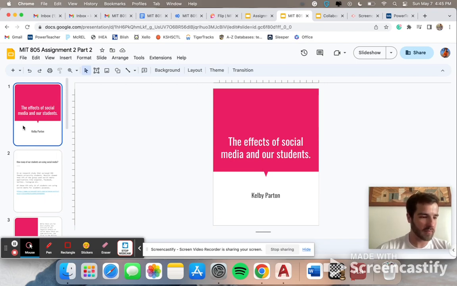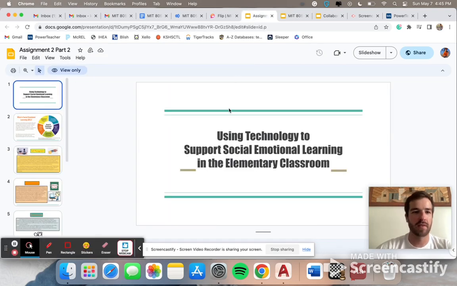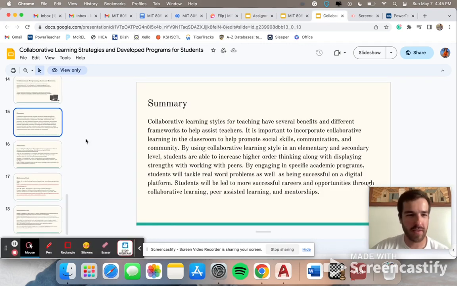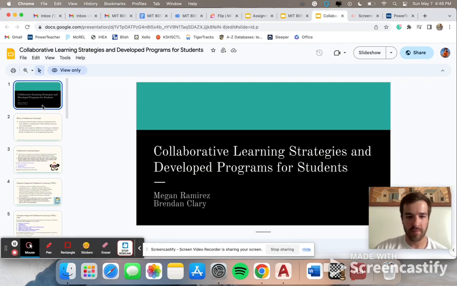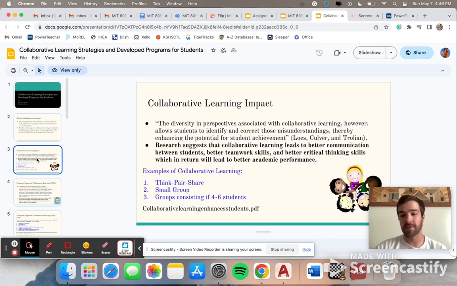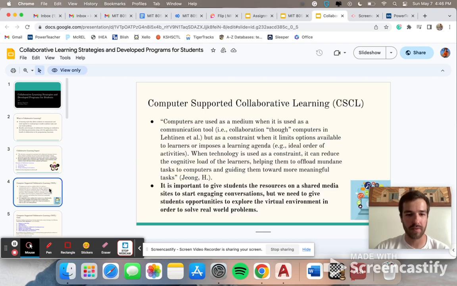Other things I took away from some of the other people's work: at the time that I posted this, I had looked at this one, which I believe is Jacqueline's, and I had looked at this one. Yes, that was Megan and Brendan's. What I liked about this one is you could tell you guys just killed it as a group, and everything looked smooth and good.